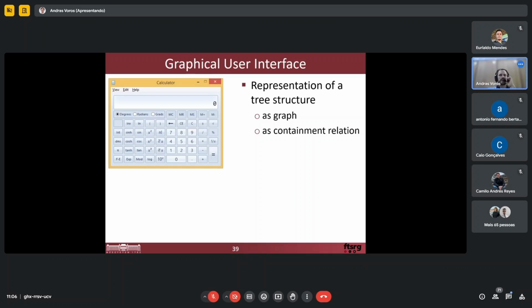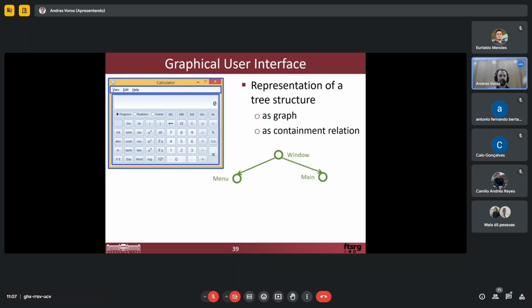So what can be the containment relations here? What are the parts and the sub-functions, sub-parts in this calculator function? So at first I have the window. That's the main thing here. That's the root of my system representation.